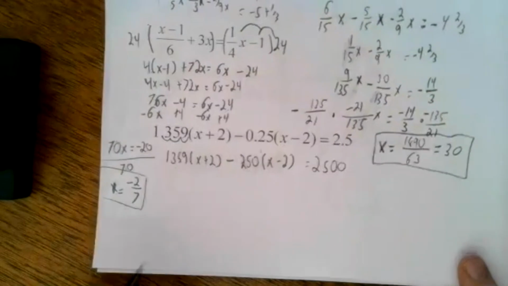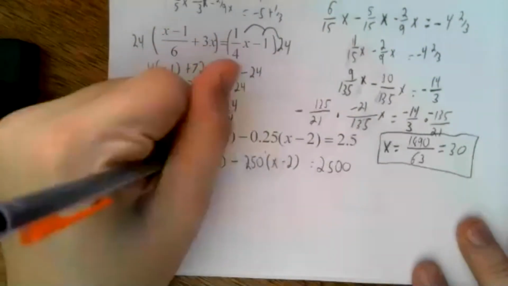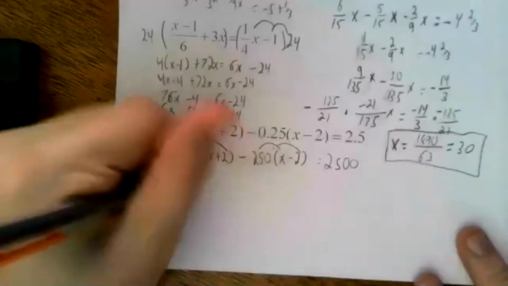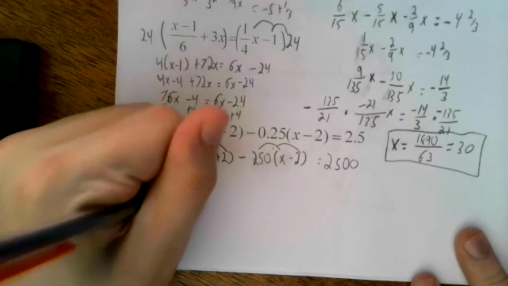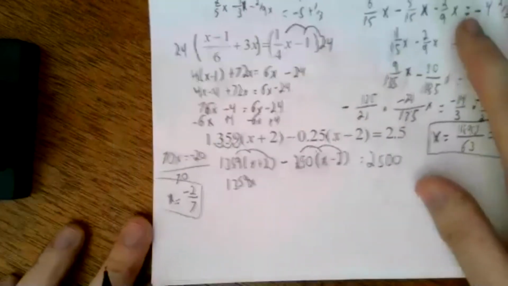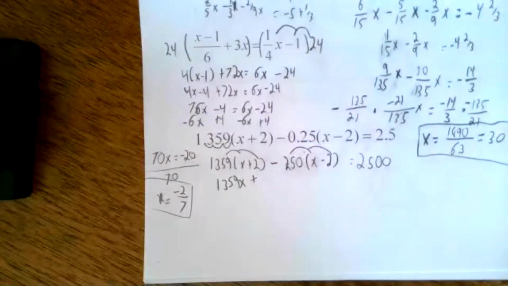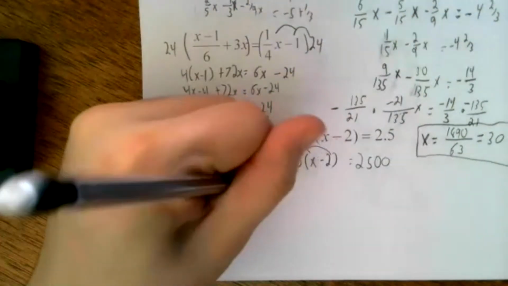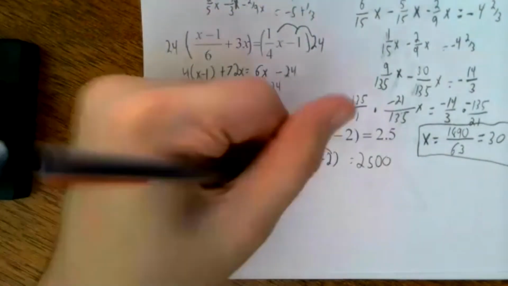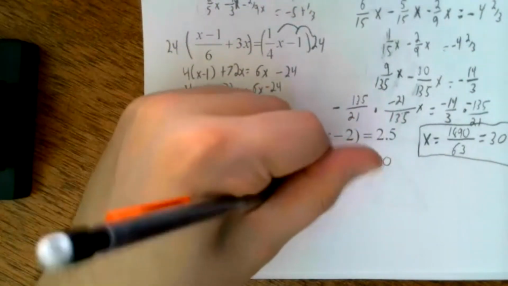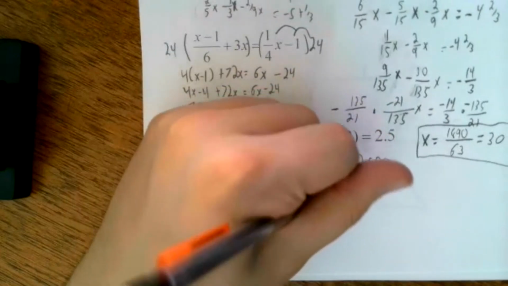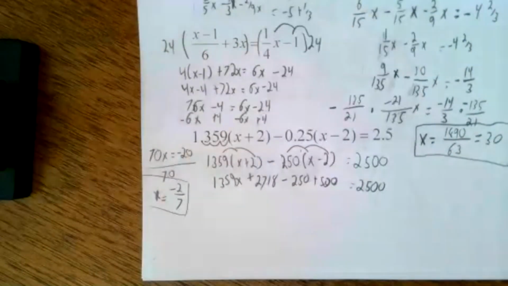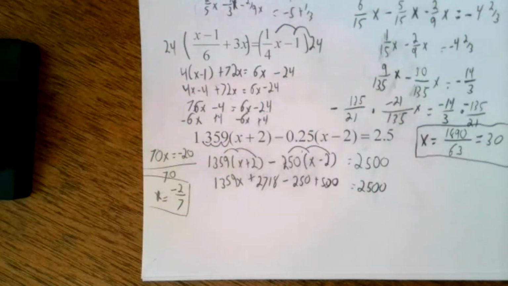So I can distribute 1,359 and distribute 250 to both of these. So I get 1,359x plus 2 times 1,359, which is 2,718, minus 250x plus 500 equals 2,500. So I'm just distributing these two numbers here first.